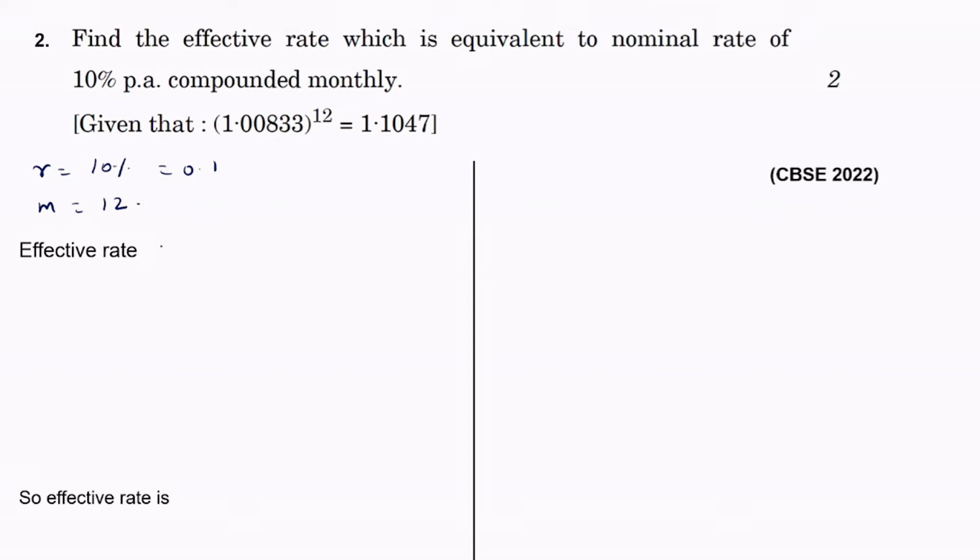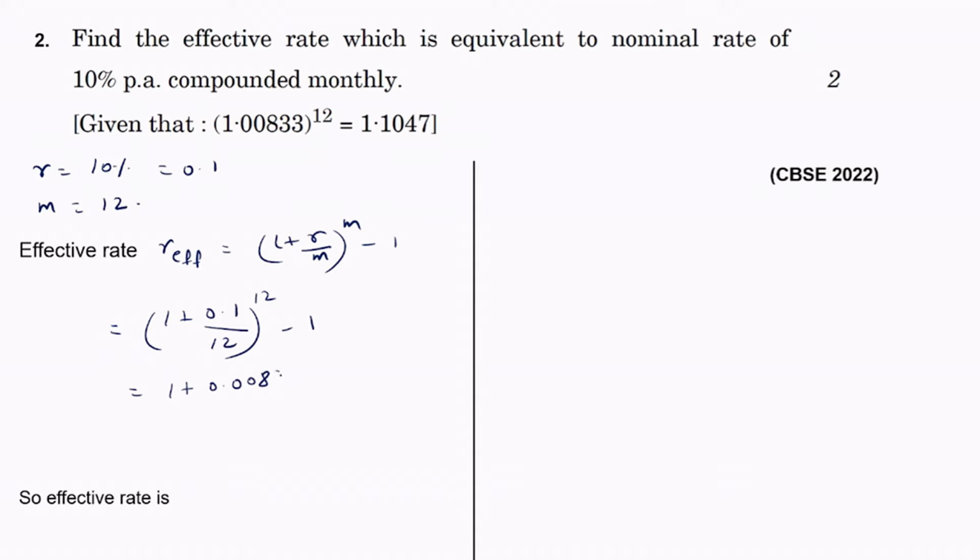The formula for effective rate is R effective is equal to 1 plus R by M the whole raised to M minus 1. So it is 1 plus 0.1 upon 12 the whole raised to 12 minus 1. It is 1 plus 0.1 by 12, it is 0.00833, the whole raised to 12 minus 1. It is 1.00833 whole raised to 12 minus 1.